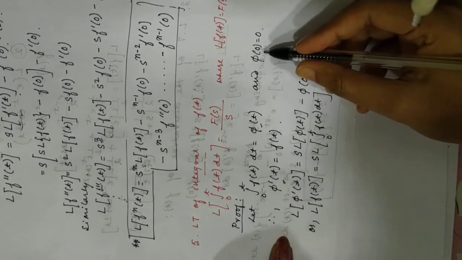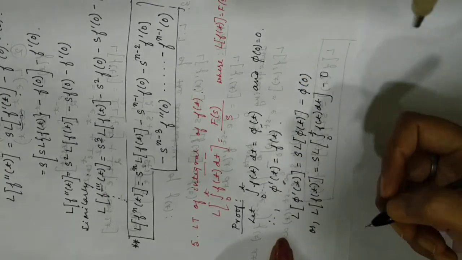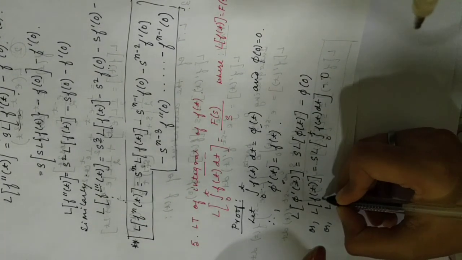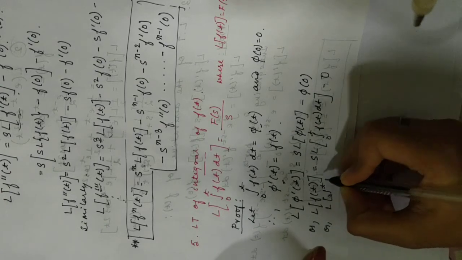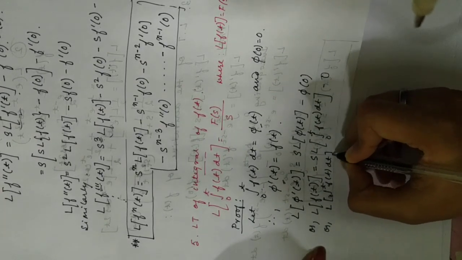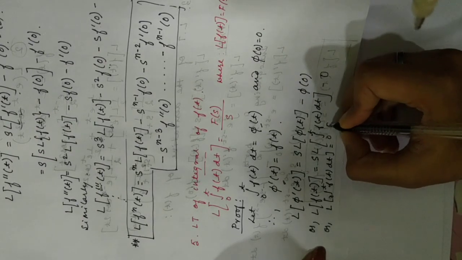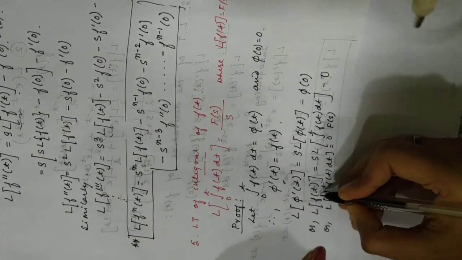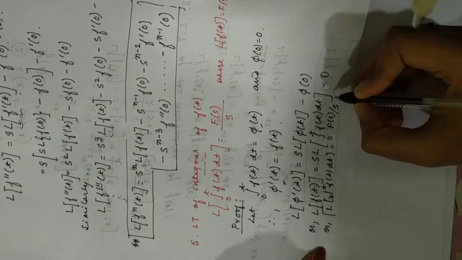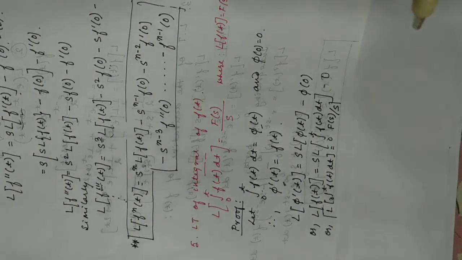And phi 0 is 0. So the Laplace transform of the integral from 0 to t of f t dt is equal to F s divided by s. F s means Laplace transform of the function divided by s. So we have proved the equation, right?